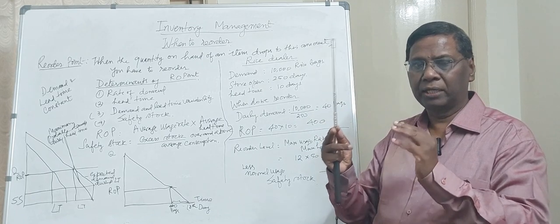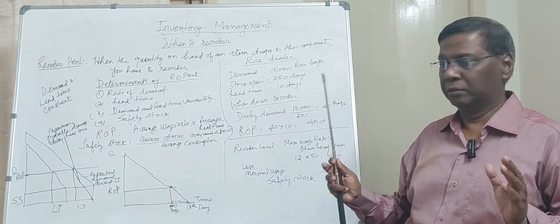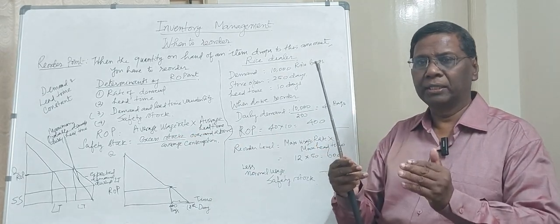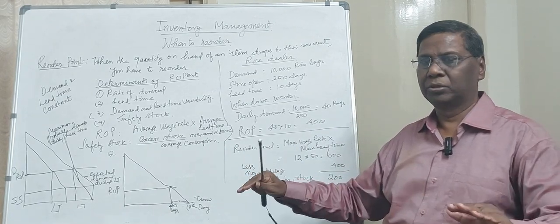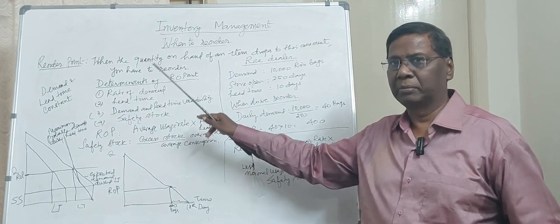But when you take the reorder point, it is the average usage rate into average lead time. Just remember: plus safety stock gives the reorder level. When you come to the reorder point, it is actually the average usage rate and the average lead time. This is the minimum you have to order. Say you have an item, 1,000 units, 200 bags.